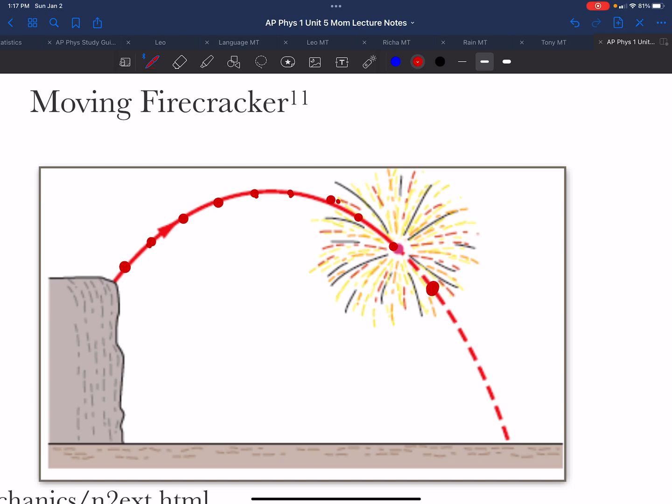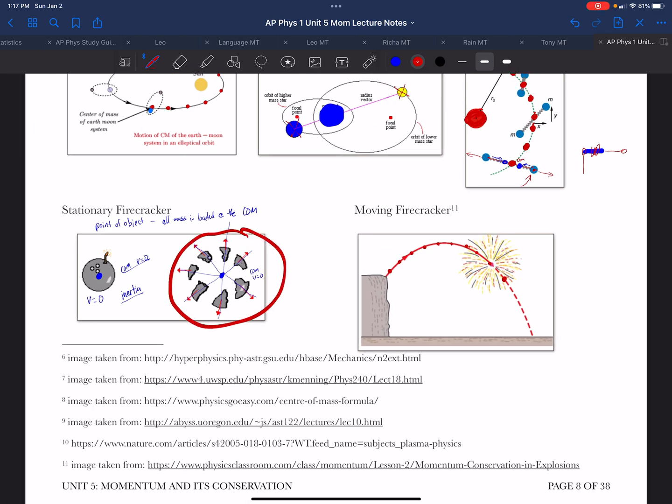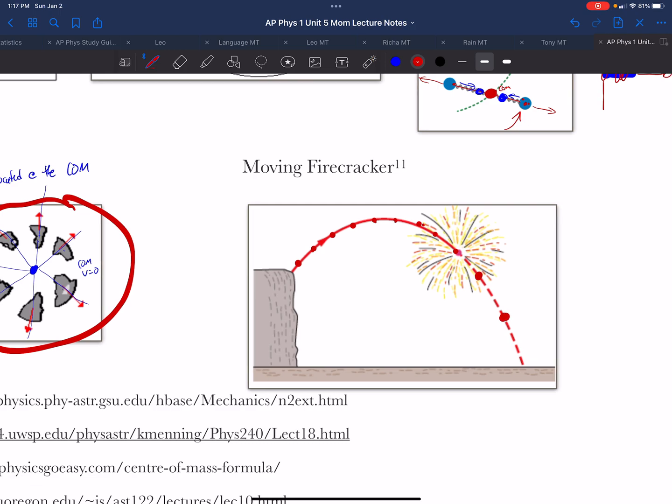But that entire system, which consists of the firecracker and all its pieces, this is the system. So the firecracker, the bomb is the system. This bomb, all of its pieces, is still the system. And so this system now, the center of mass, will continue to follow that trajectory.